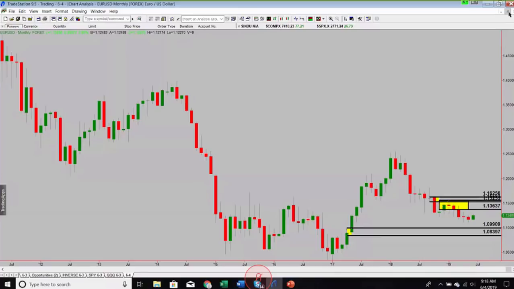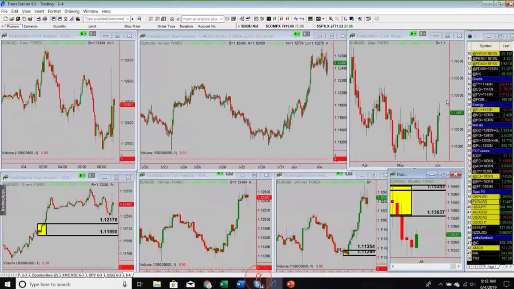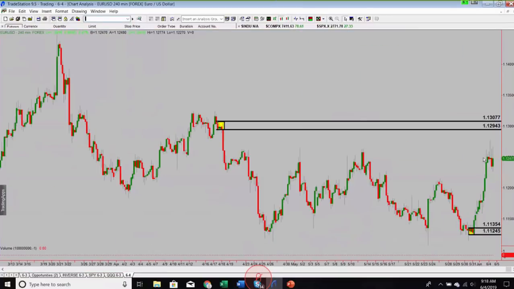And we'll leave that alone. It is what it is. One of the key time frames to look at here in the euro is this 4-hour chart. We see supply up around 112.95 up to about 113.10, and then down below 111.35 down to about 111.24.